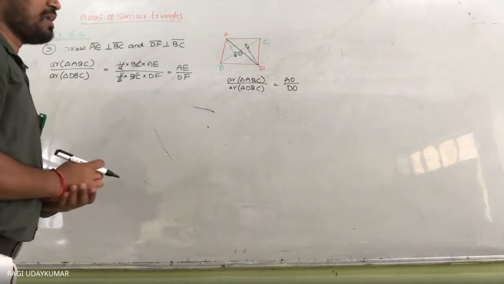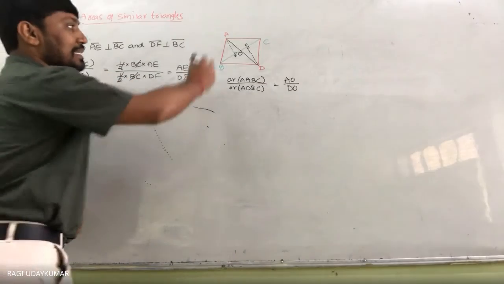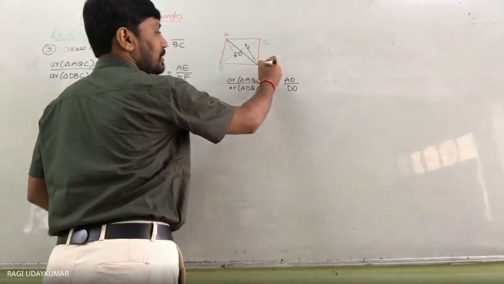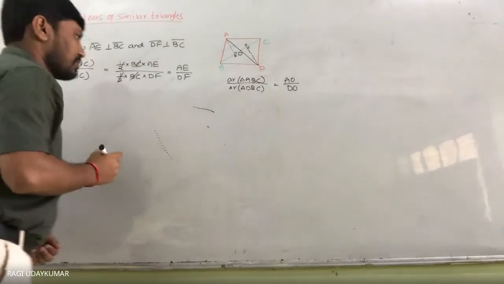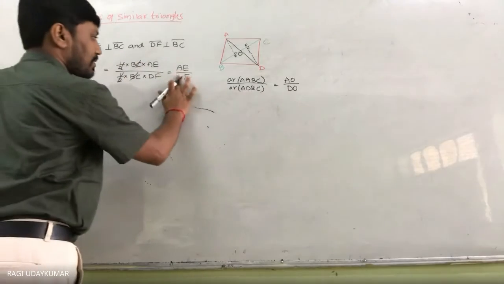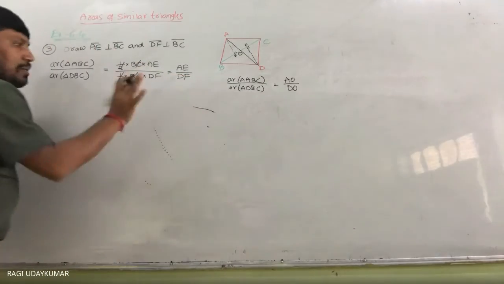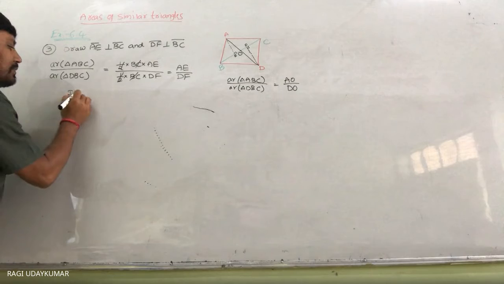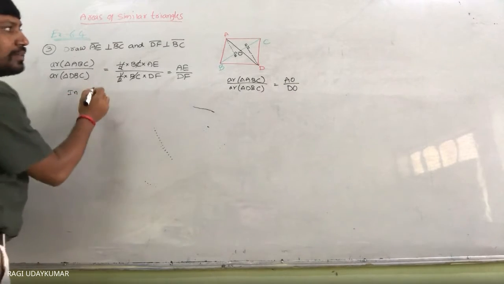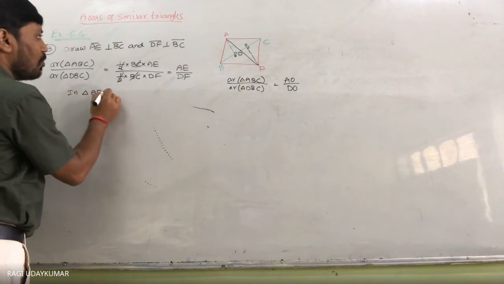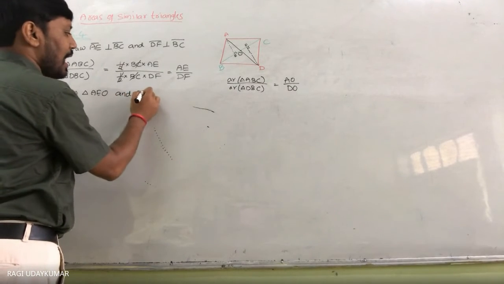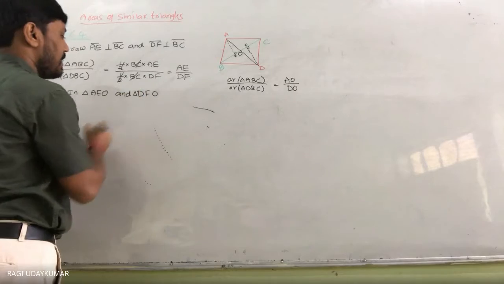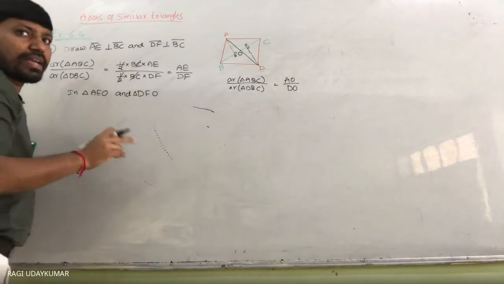Observe properly the two triangles AEO and DFO. Keep DF aside. In triangles AEO and DFO, are these two triangles similar or not?